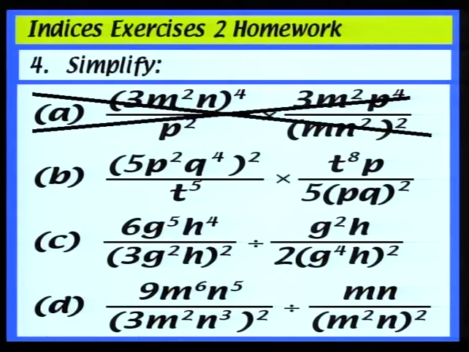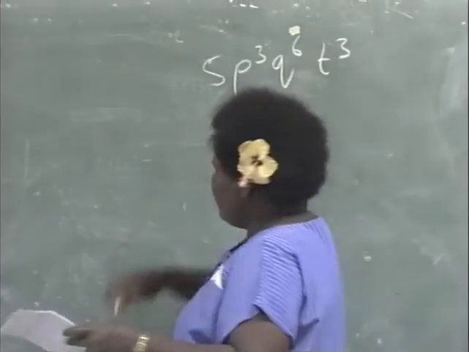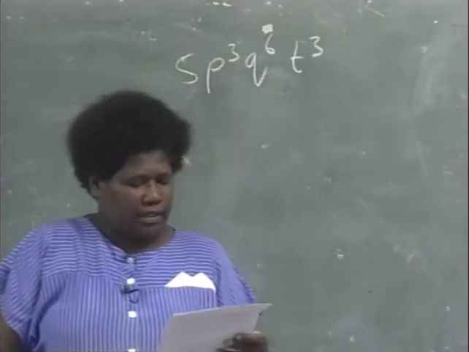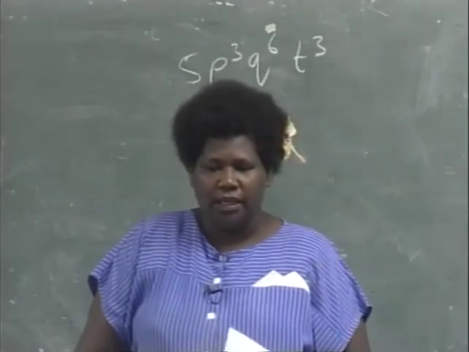Garonamo, your answer to letter B, please. Five p cubed q to the power of 6 t cubed. All right, 5p cubed, q to the power of 6t cubed. You all agree? Yes.